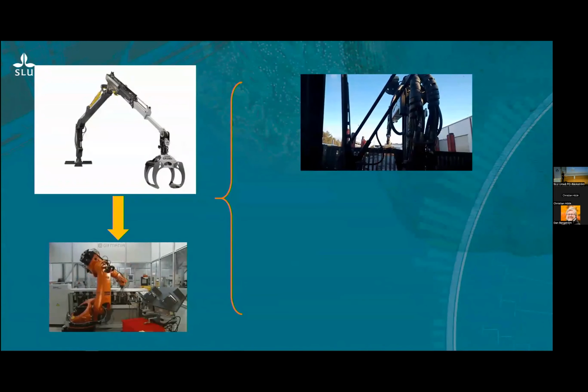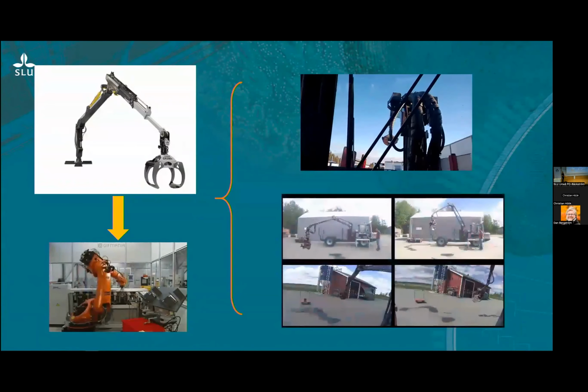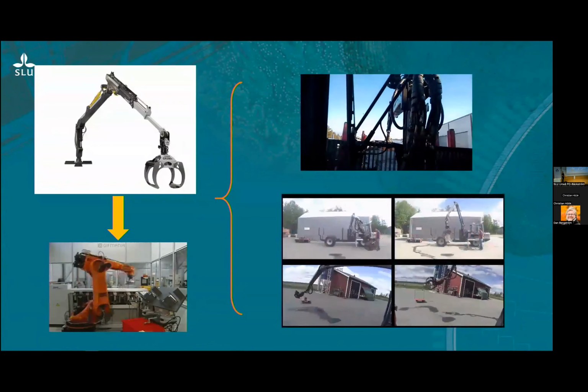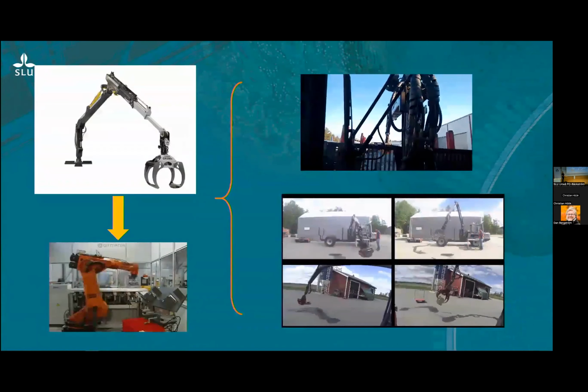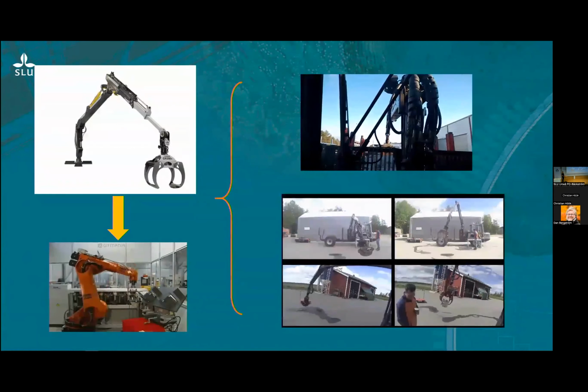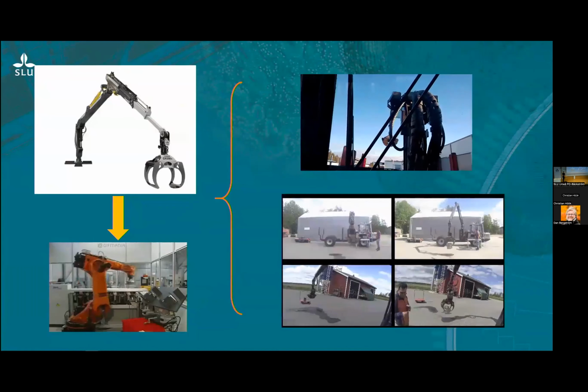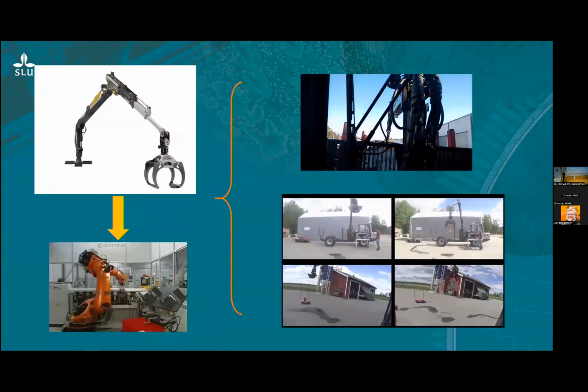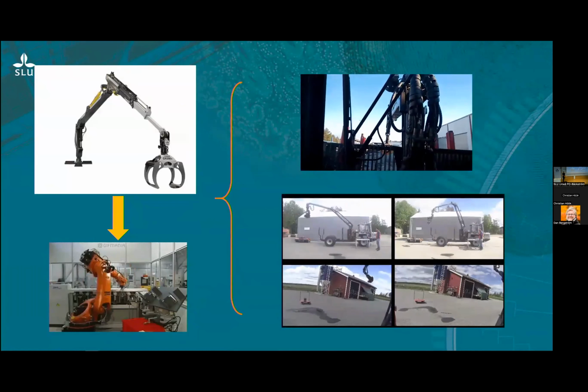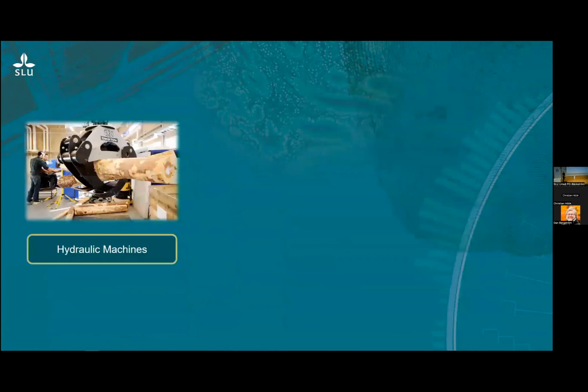This behavior that you see, they oscillate a lot, and it's because they are meant to be like that. They are hydraulic and they are meant to be like that because of the amount of load that they have to handle. If you make them too rigid, these machines would break quite easily.